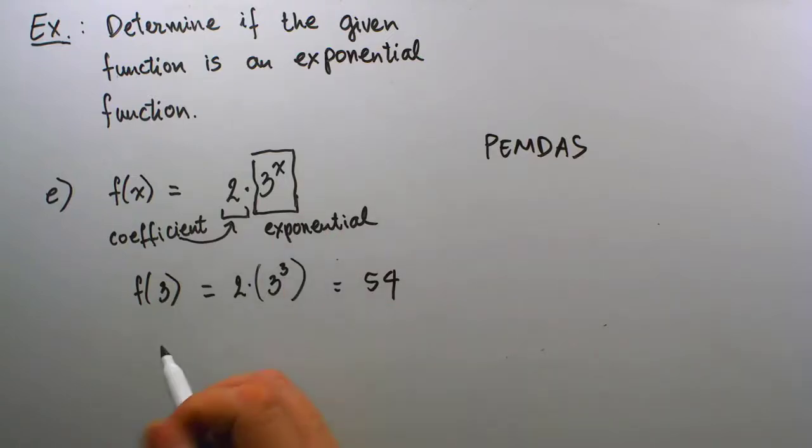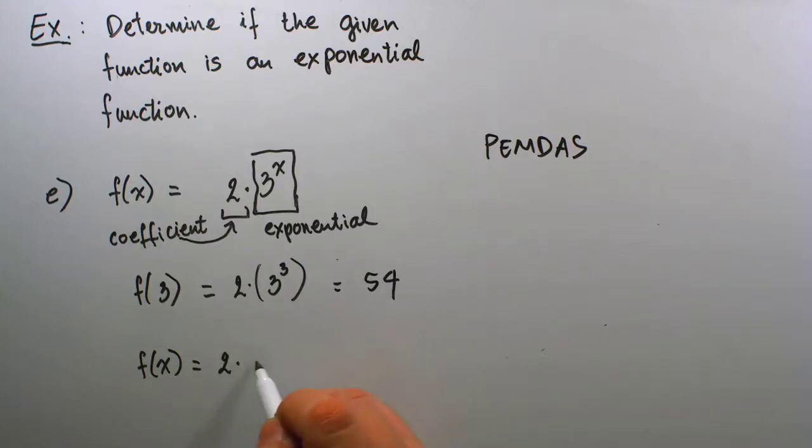So in other words, our function here, after so much note of mine, let me rewrite it. 2 times 3 to the x, a function like this, is also an exponential function.